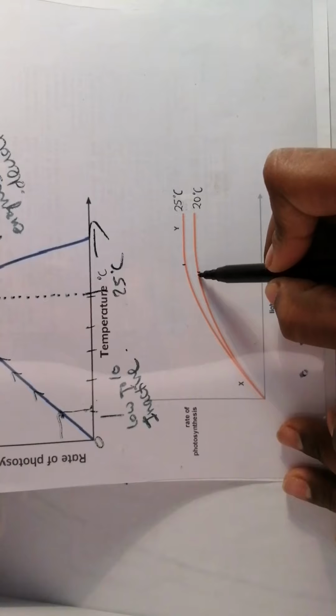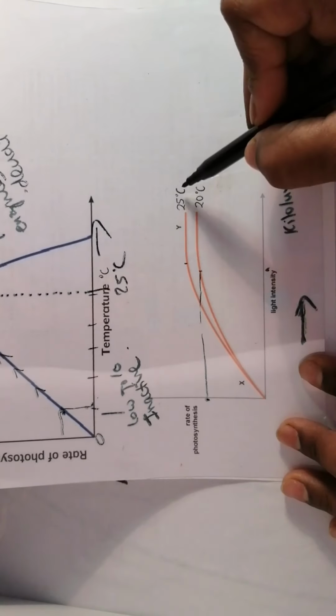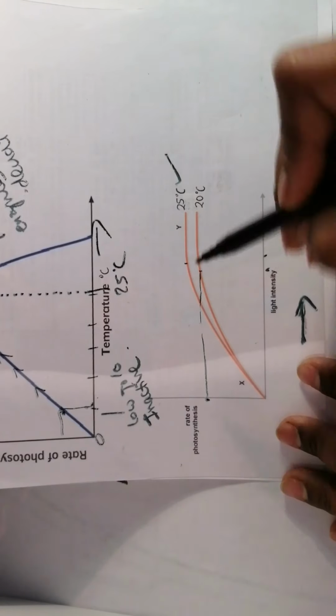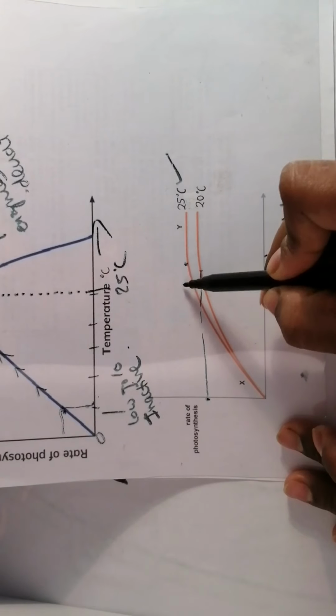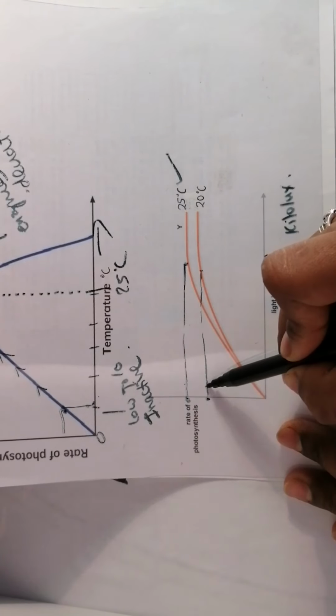But what is the rate of photosynthesis? Somewhere around there. But at a higher temperature, at 25 degrees, which is the optimum temperature for mesophytic plants, and at an increase of light intensity, the highest point that it reached is somewhere there. Now, isn't that higher than this one here?